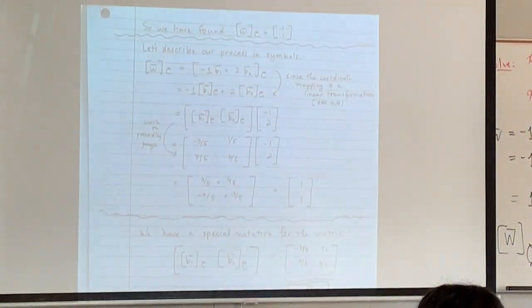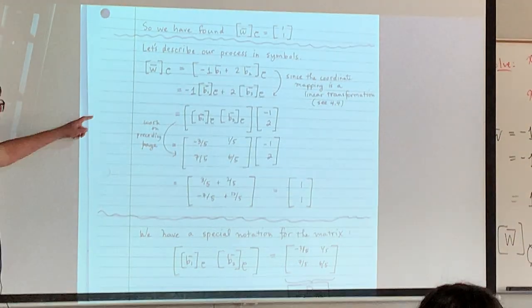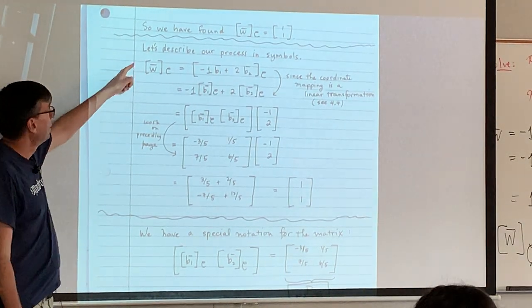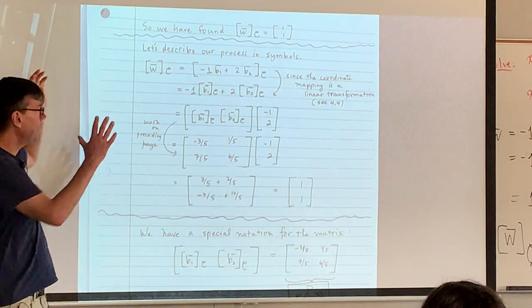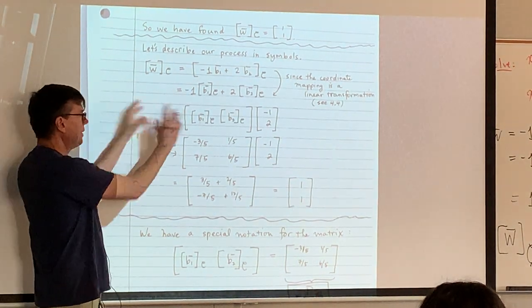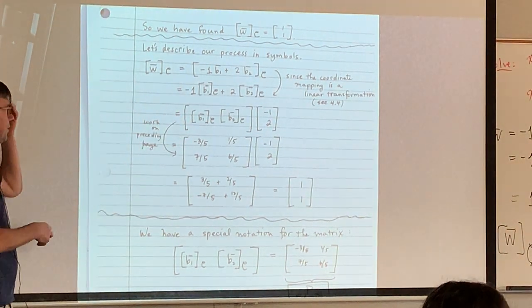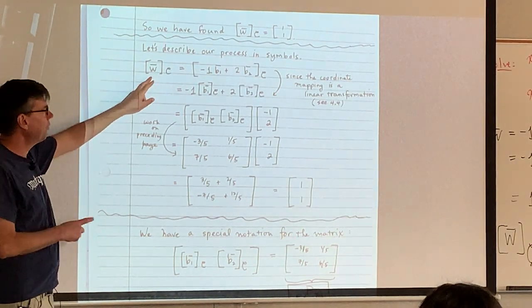All right, so here's our process in symbols. This is what we just did. So the point of that was to help keep this abstract notation from seeming so intimidating. This is how we can write things out in symbols.